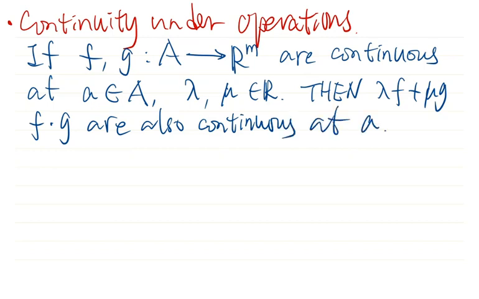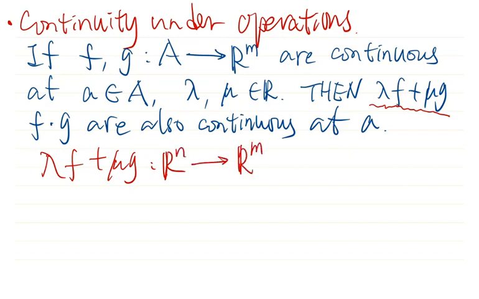So we can obtain new continuous functions from f and g. I will remind you that lambda f plus mu g is the linear combination of two functions. They are vector valued functions because both f and g take value in Rn. Therefore, lambda f plus mu g is a function defined on Rn taking value in Rn.